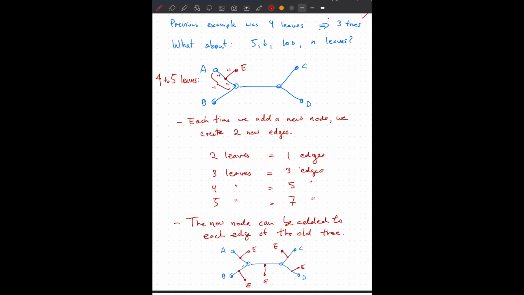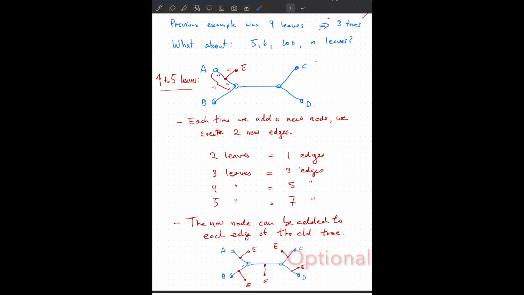So imagine I asked the question, if I wanted to go from 4 to 5 leaves, how many different trees would I have then? Well, if I have four leaves, here's one of the 3 possible topologies from the previous example. And I could put the new edge here, or I could put the new edge here, or I could subdivide that edge, or that edge, or that edge.